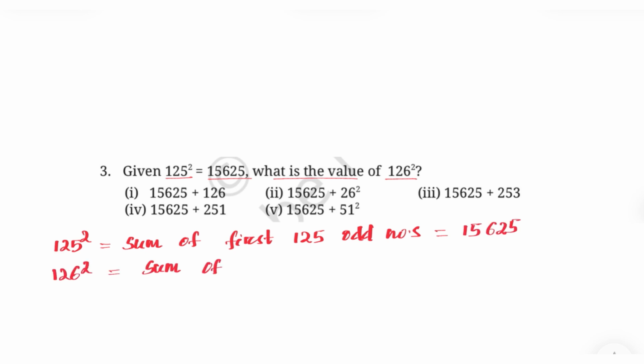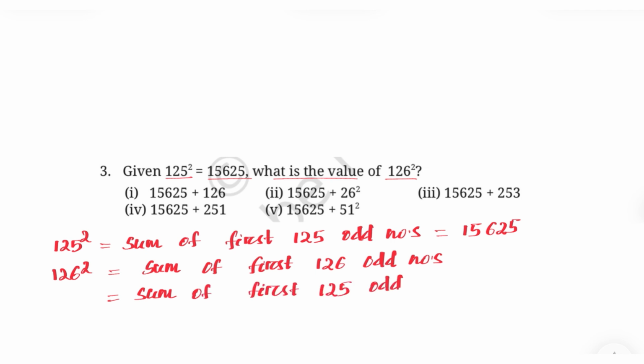And 126 square can be written as sum of first 126 odd numbers starting from 1. And this is same as sum of first 125 odd numbers plus 126th odd number.